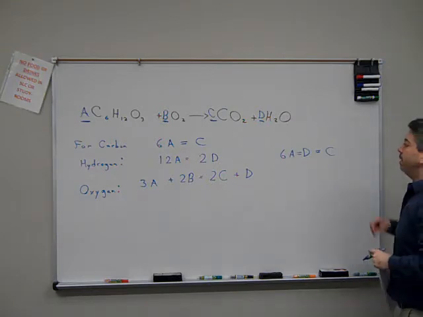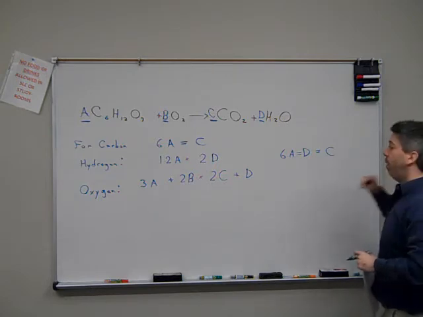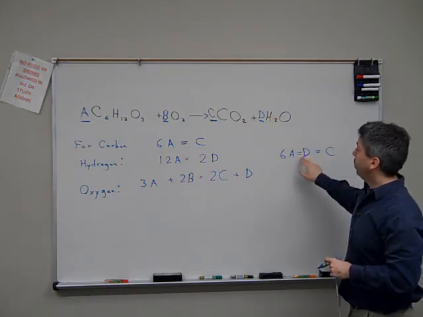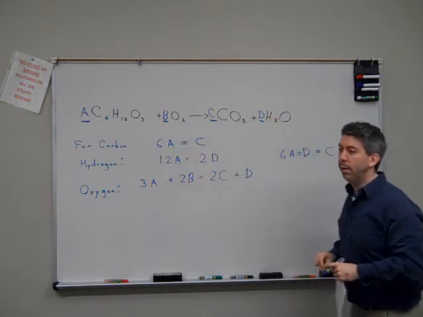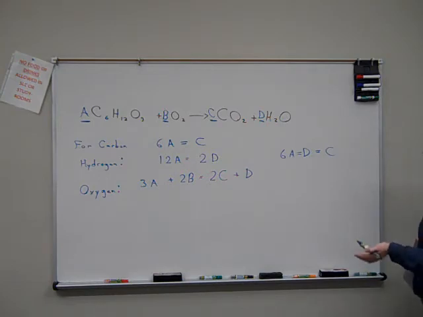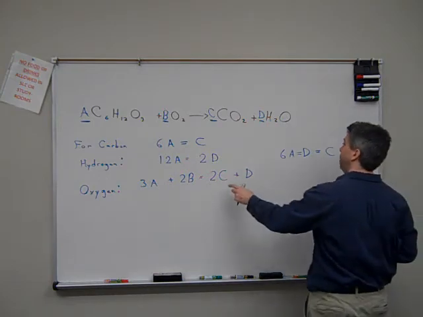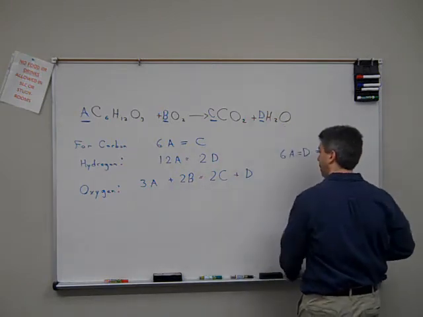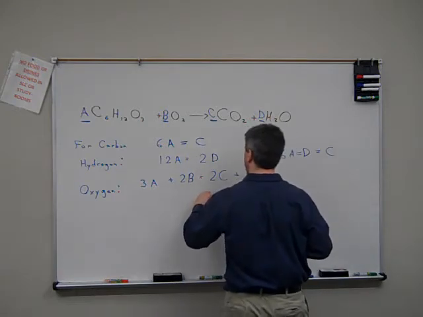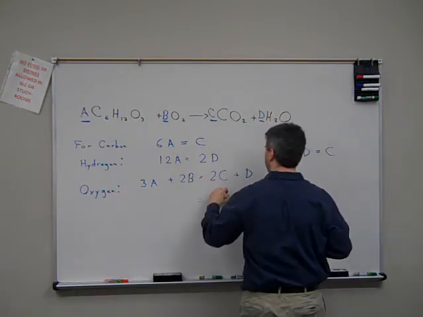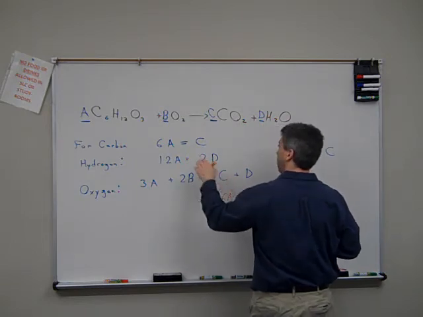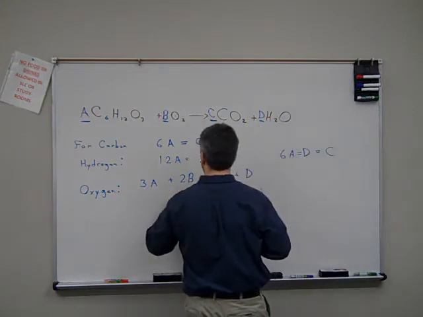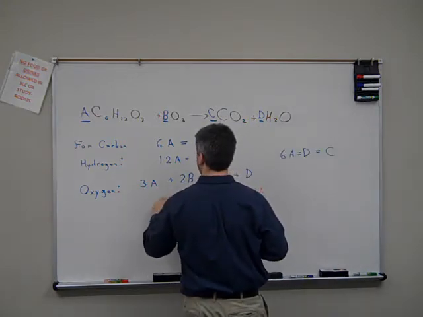And if that's the case, I can solve for B in terms of A, just like I've solved for D in terms of A and C in terms of A. So if I solve for B in terms of A, I'll substitute 6A for C and for D. So I'll say I have 2 times C, which is the same as 6A, plus D, which is the same as 6A, equals 2B plus 3A.